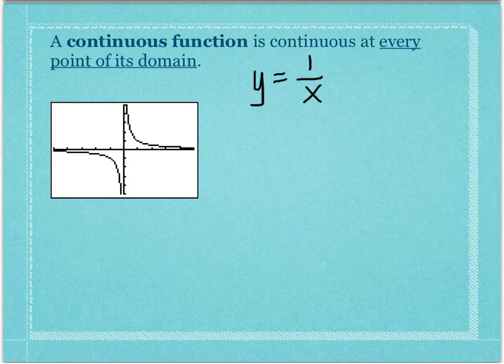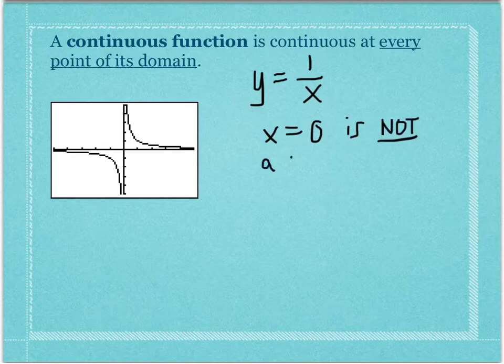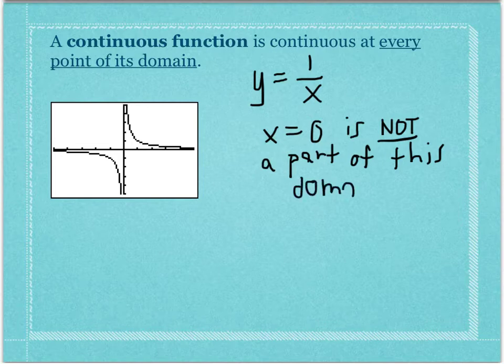However, at every point of its domain, really x equals 0 is not part of the domain. So I'm going to write that in there. x equals 0 is not a part of this domain. So then if we go very strictly by this definition, which mathematicians tend to do, we would say that this is a continuous function.